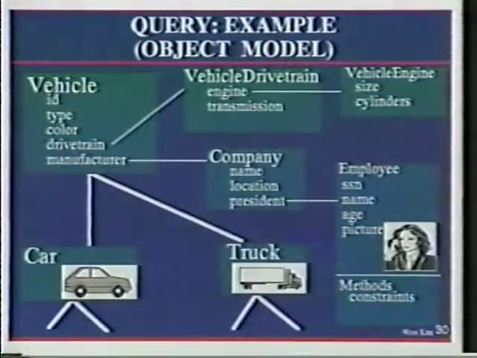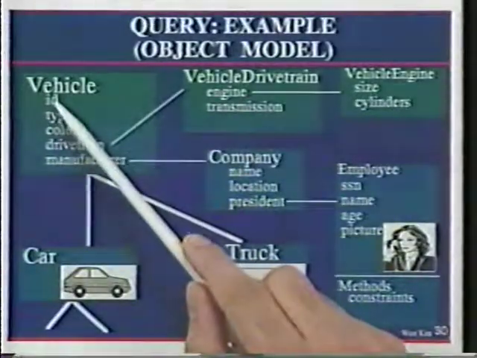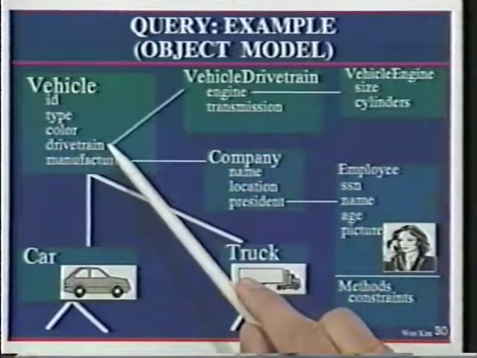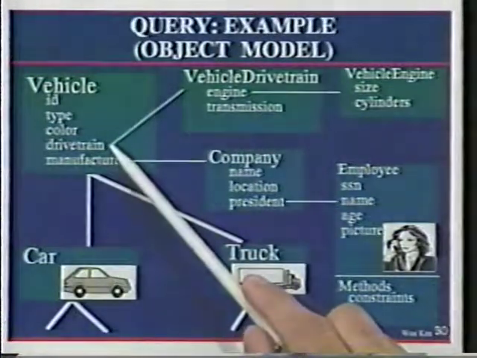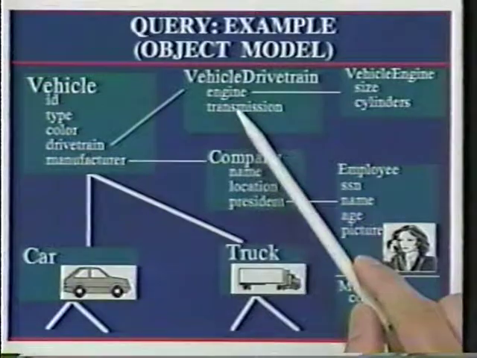Remember, here we are really discussing the relational model and the object model. So the object model for the vehicle has the ID, type, color, drivetrain, and this drivetrain is some kind of a composite object. So there's a reference to vehicle drivetrain, which consists of an engine and a transmission.